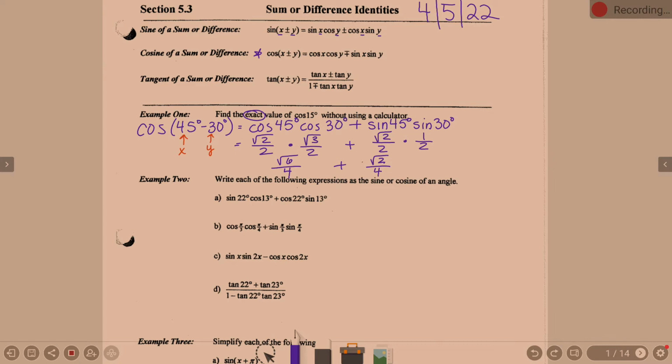They do have a common denominator. So for the final answer, you will most of the time see them put together as one fraction. Since they both have a common denominator of 4, we can add our numerators. Square root of 6 plus square root of 2, all over 4.